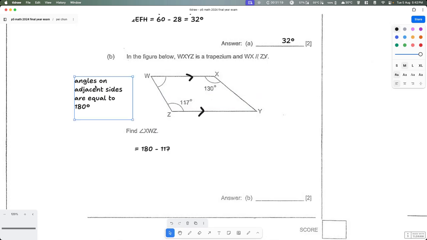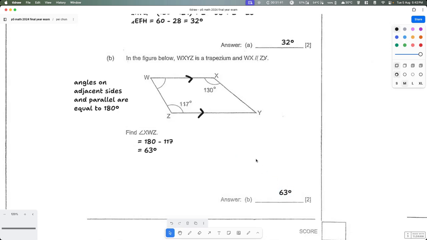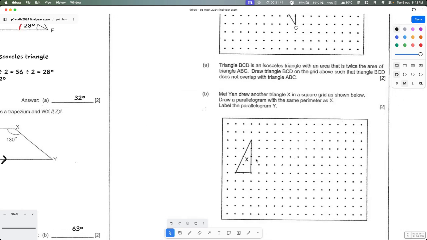So 180 minus 117 will become 63 degrees. That's what you see over here. So that's the answer. This is 63 degrees. Wow, pretty straightforward. Let's move on to the next question.